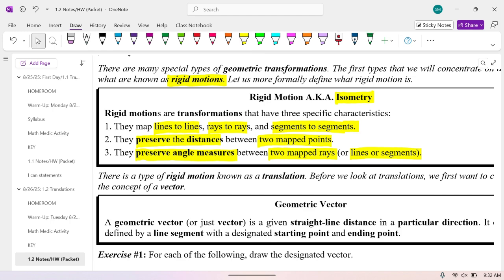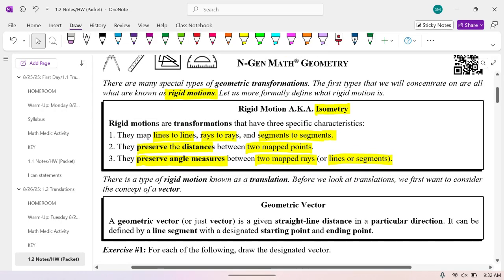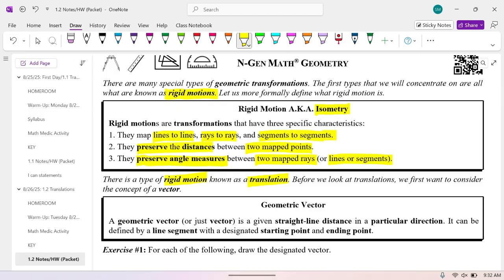Now, again, we're talking about translations today, which is a rigid motion. Remember how I said we were going to talk about that direct distance between the two points? Well, that is what we call a vector. You'll probably hear about vectors in science class. They deal mostly with direction and motion. It's a physics thing.